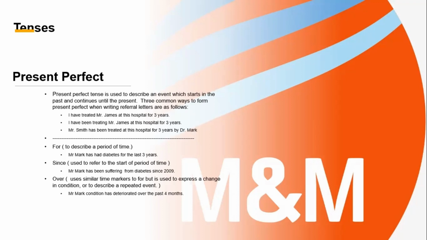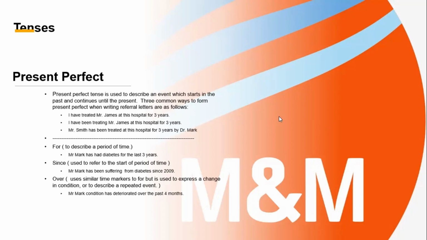Let's say over a period of 2 weeks, he has visited us thrice with mild central chest pain. It's a repetition. Or over the period of 2 weeks, his condition has been worsening, like that. So we have some examples for over, since, and for, right?